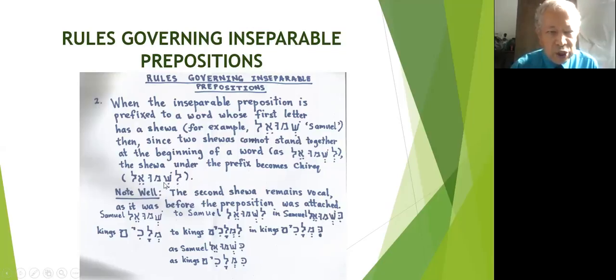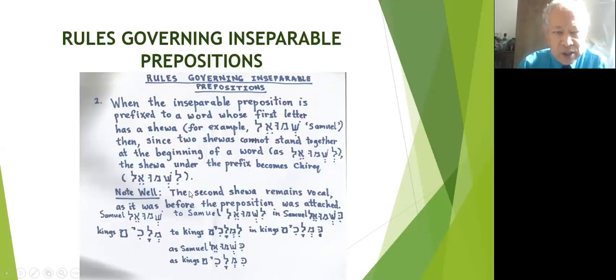So it's not lish muel, as we might think from another grammatical rule that says that when you have a consonant, a vowel and another consonant, what you call a closed syllable, you do not pronounce a simple schwa under a closed syllable. That is another rule, but this is a rule that does not follow that earlier rule.